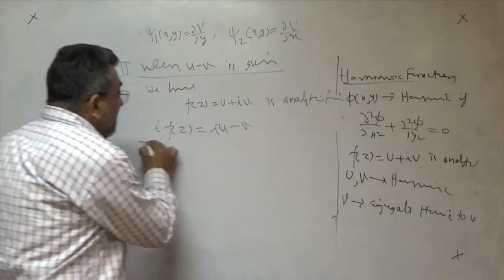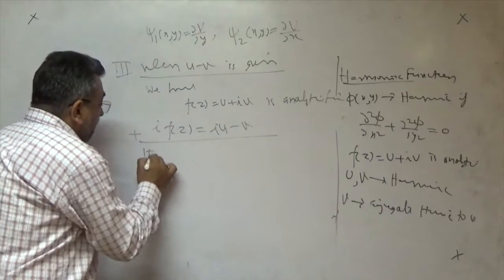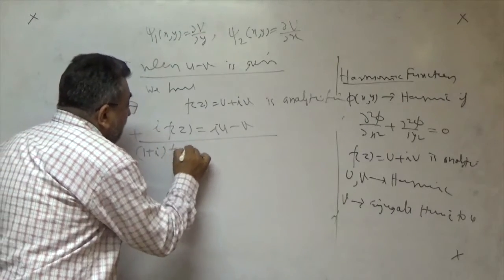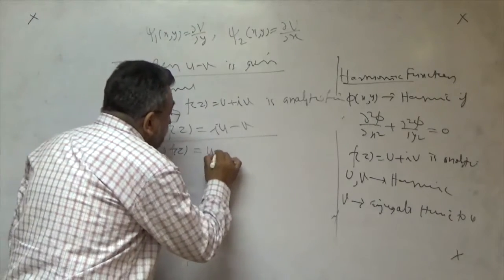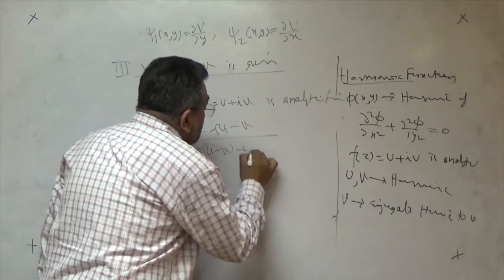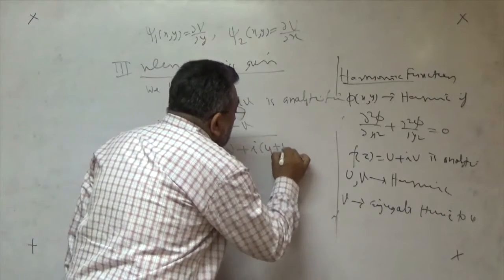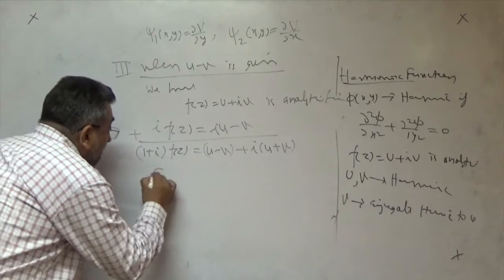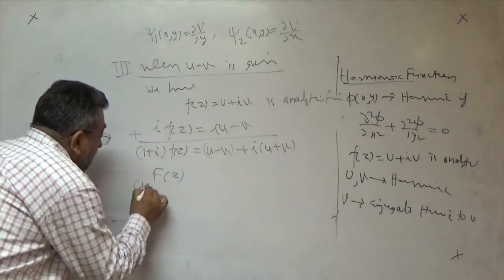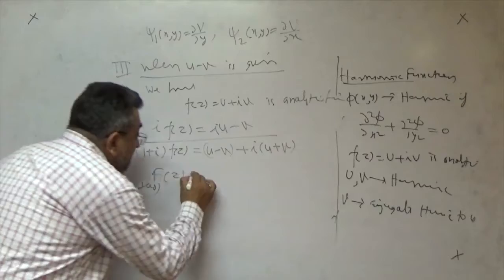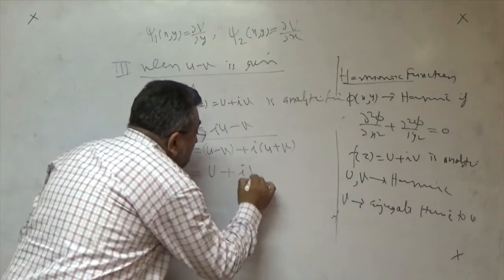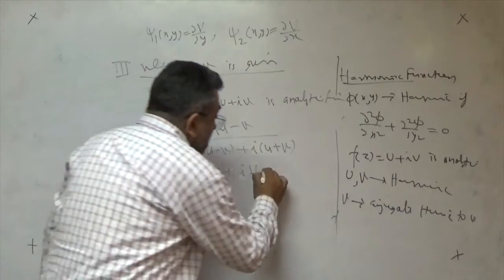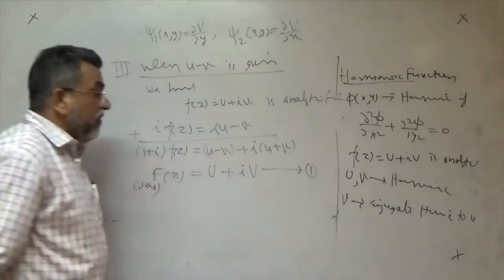Now adding this, (1 plus i) into f(z), the real part is u minus v, and plus i times (u plus v). Now take this capital F(z) in the left hand, and this is capital U, this is capital V, right? This is equation 1.